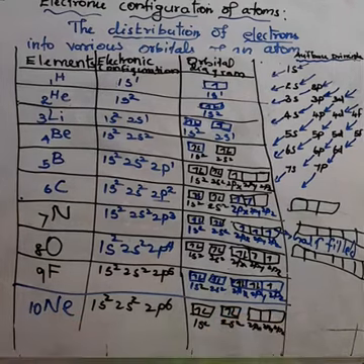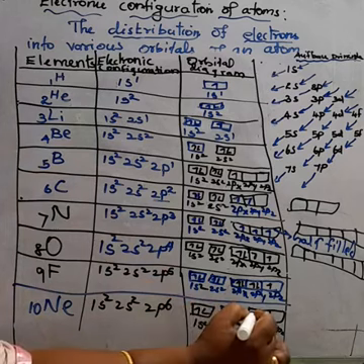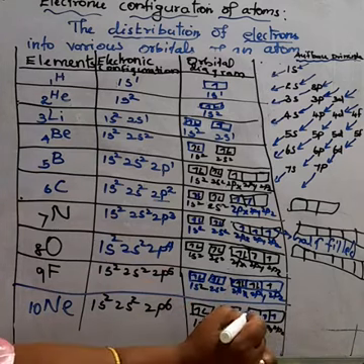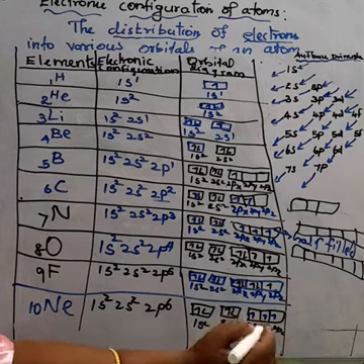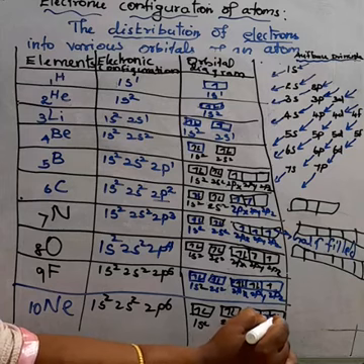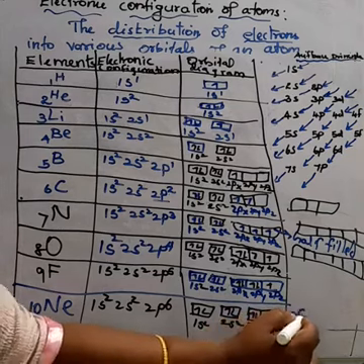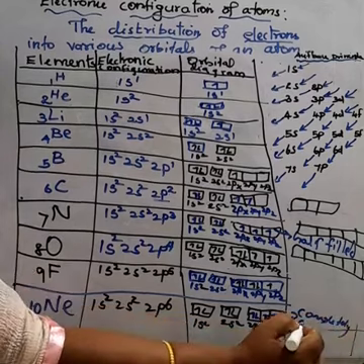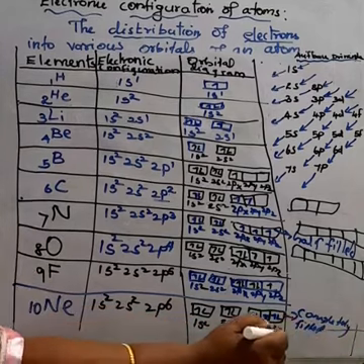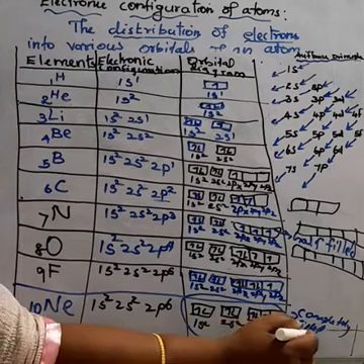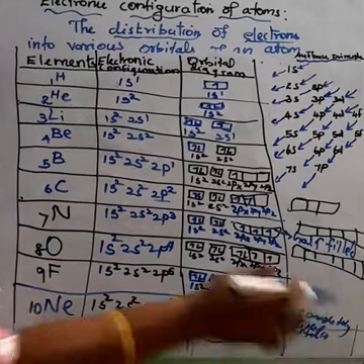First we should fill singly according to Hund's rule. Totally 6 electrons, so it is completely filled. 3, and after that the down-spin 3 electrons. So for neon, this is the stable electronic configuration, that is, a completely filled electronic configuration.